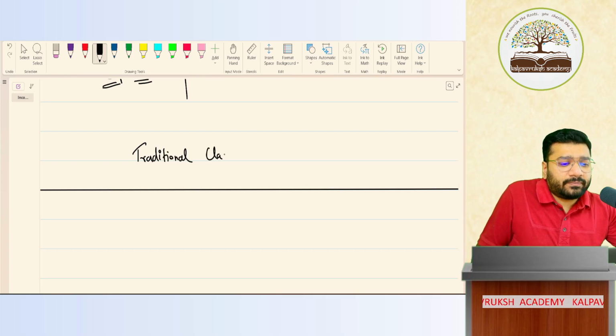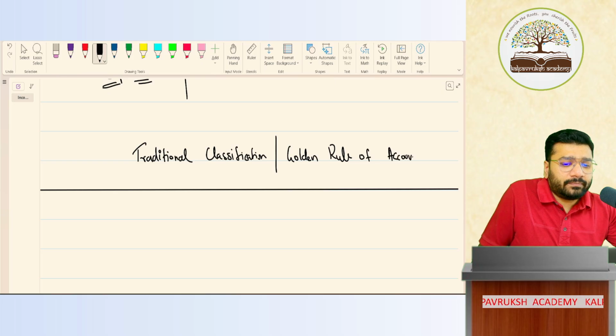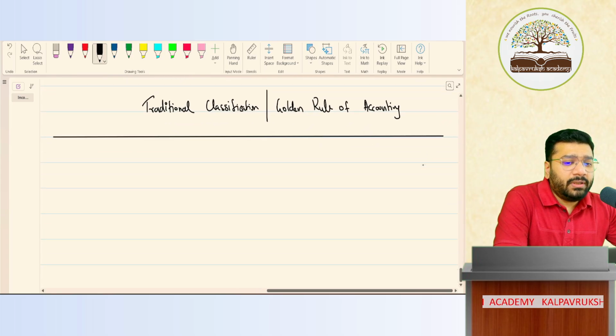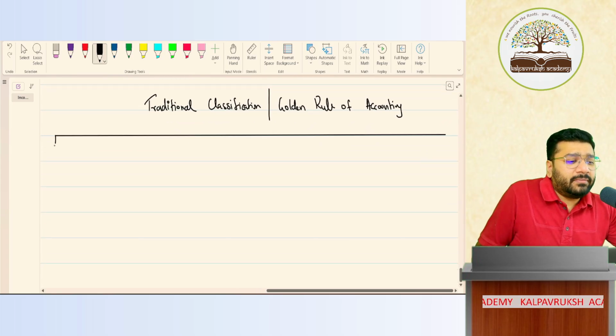Traditional classification, also called the golden rule of accounting, says that all the accounts you have identified can be classified under 3 categories.